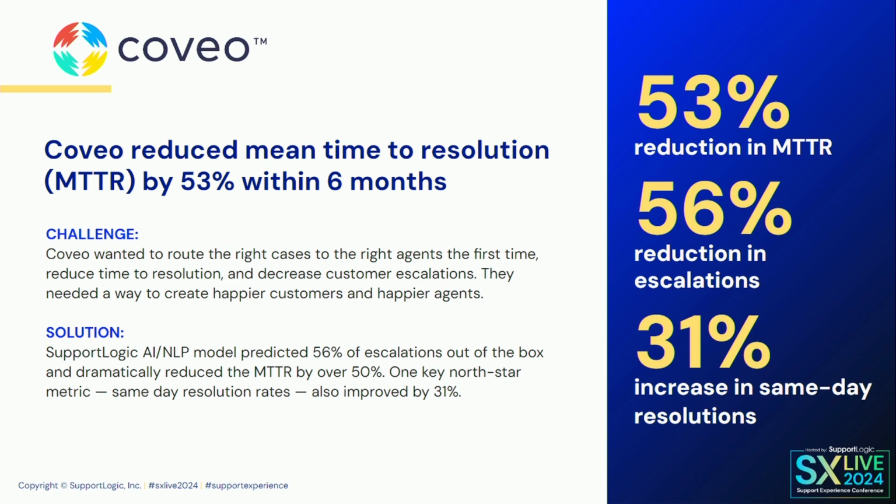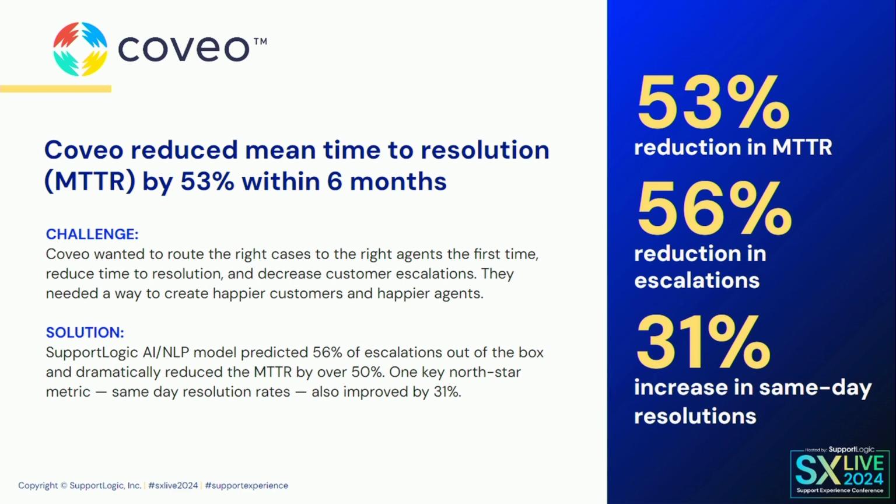This slide is about one of our customers, Coveo, and the numbers that we helped them achieve for the case assignment. As we all understand, the right case assignment, the successful case assignment, can save us a lot of time and a lot of money. It can make our customers much happier.